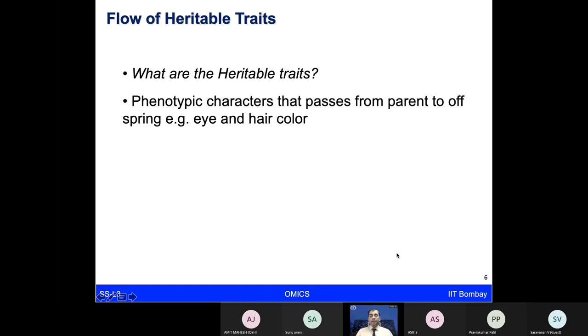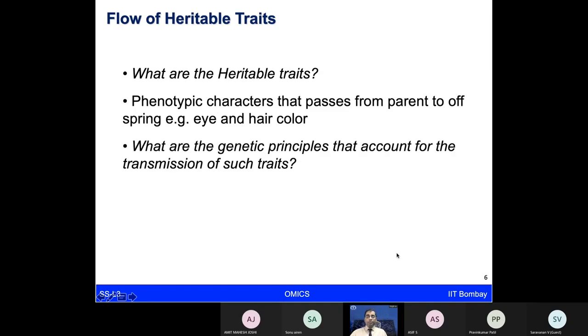Some of these are the morphology or phenotypic characteristics which we can already see, but there are likewise a large number of genetic traits which are heritable from parents to offspring. And which principles allow these traits to be transmitted?